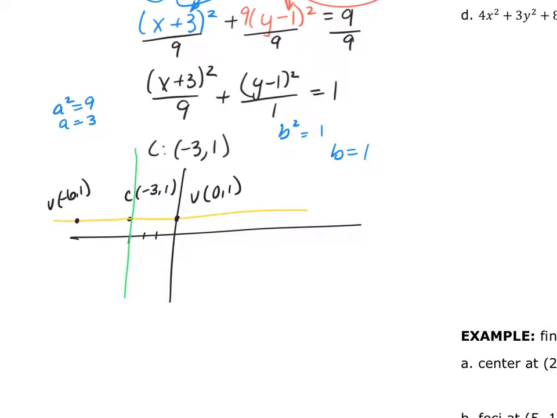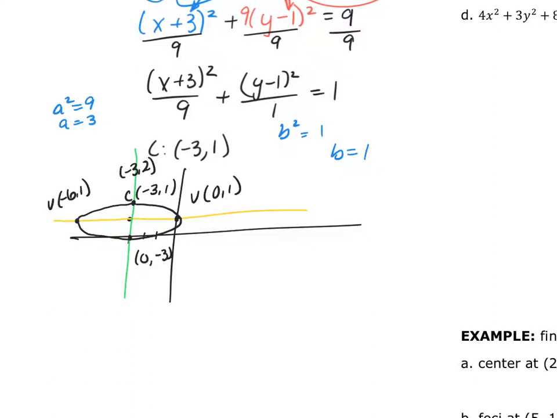So my minors, I'm going to go down 1 and up 1. So here's what my ellipse looks like. My ellipse minor on this side is going to be the point (0, -3). My minor up above is going to be at the point (-3, 2).